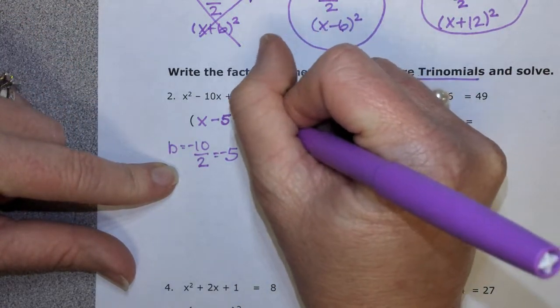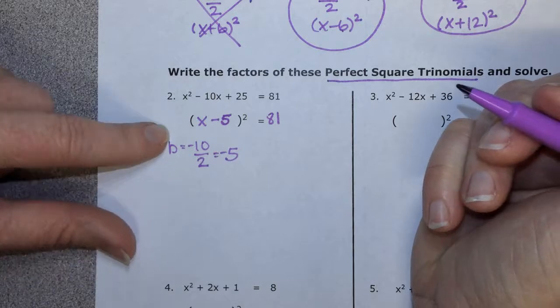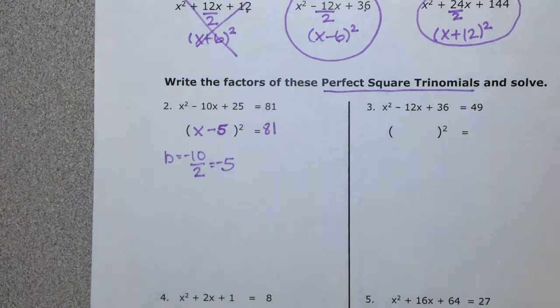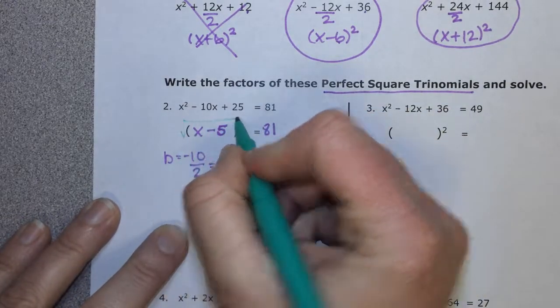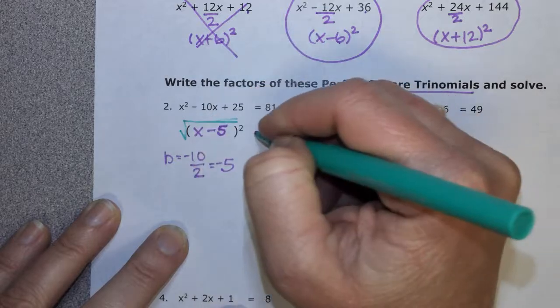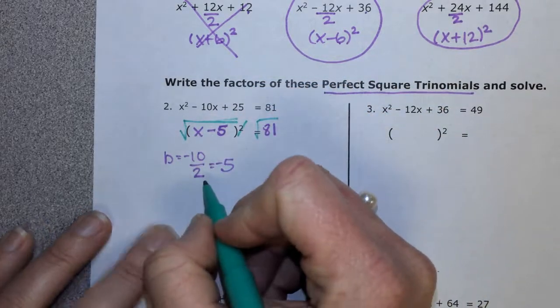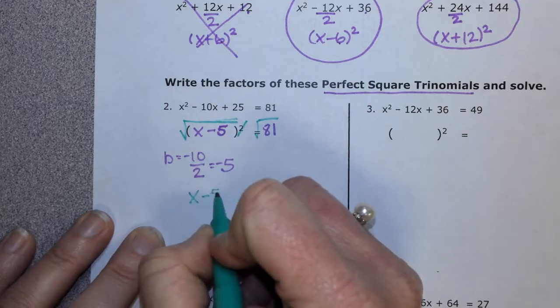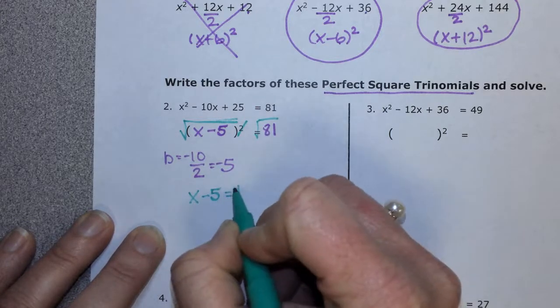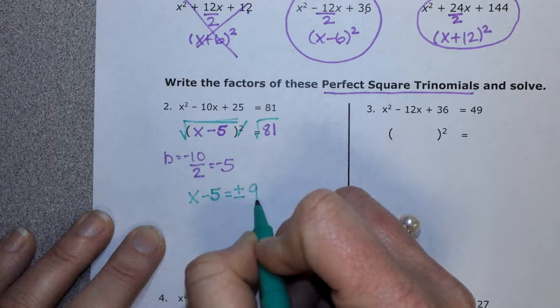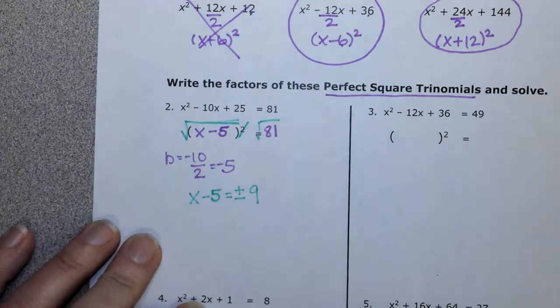And that equals 81. So now that I have this, I can now take the square root of each side. So that's going to cancel that out. I'm going to come down here and finish it. So that means I would have x minus 5 equals plus or minus 9, because the square root of 81 is 9.